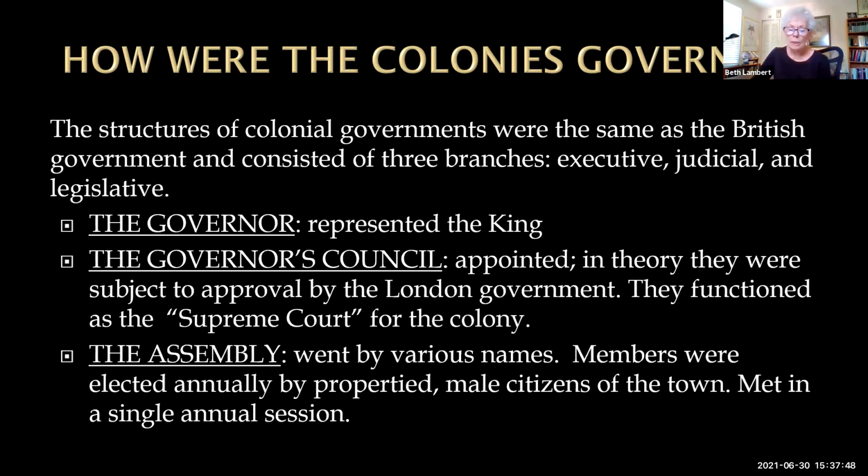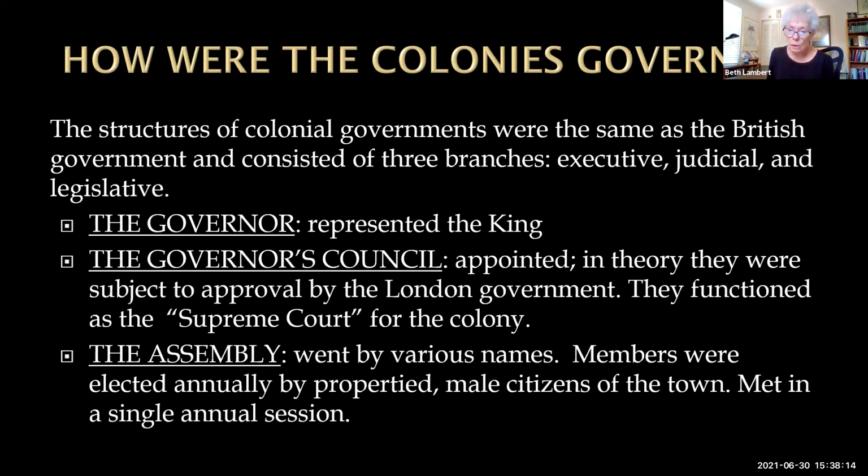all these conflicting elements. The governor's council was, again, appointed from London. They were subject to approval by the London government, and they functioned as the Supreme Court for the colony. You probably know that in England, they do not have, as we do, this Supreme Court.